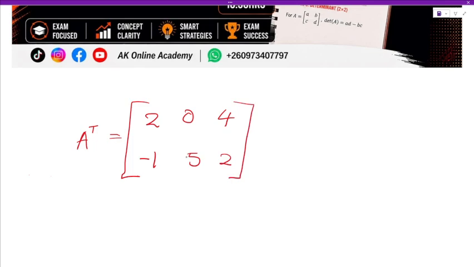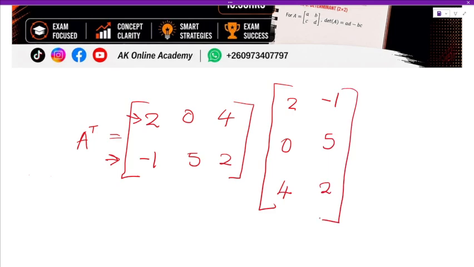So it's a 2 by 3, meaning it will change to a 3 by 2. The first row will become the first column, so it's going to be 2, 0, 4. The second row will become the second column, -1, 5, and a 2. That is how you find the transpose of a matrix.